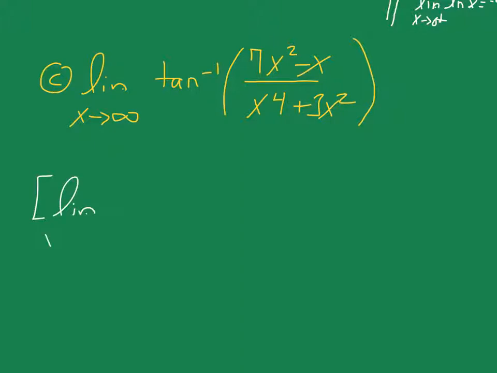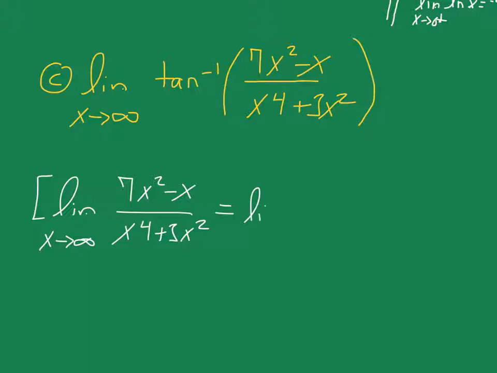So the limit as x tends to infinity of (7x squared minus x) over (x to the 4th plus 3x squared). Well, we have a rational function here, a polynomial over a polynomial. So, as usual with limits at infinity of this type, we can just drop all lower powers of x from the numerator and the denominator.